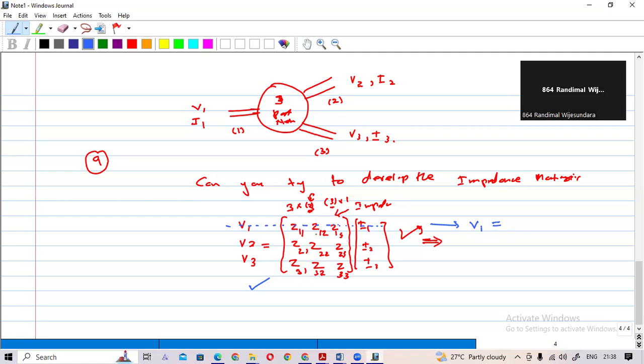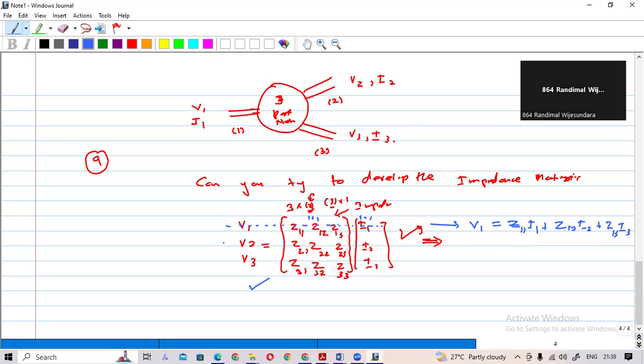V1 is equal to, so you need to do the matrix multiplication from this matrix and this matrix. This is a 1 by 3 matrix. This is a 3 by 1 matrix. So you can do the matrix multiplication. Z11 I1 plus Z12 I2 plus Z13 I3. Okay. So this is the first row.